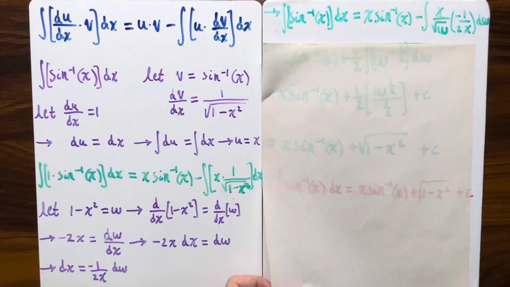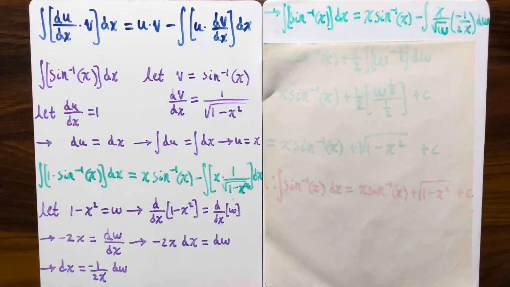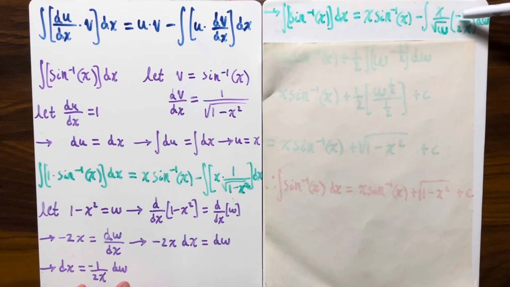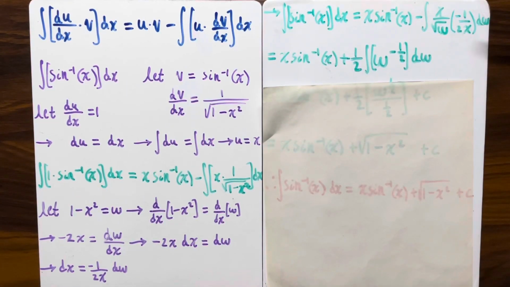So doing so, we get the integral of, well, the x stayed the same. We said that the stuff inside the square root was w. 1 minus x squared is w. And the dx was negative 1 over 2x dw. Simplifying things, we see that the x cancels with this x.